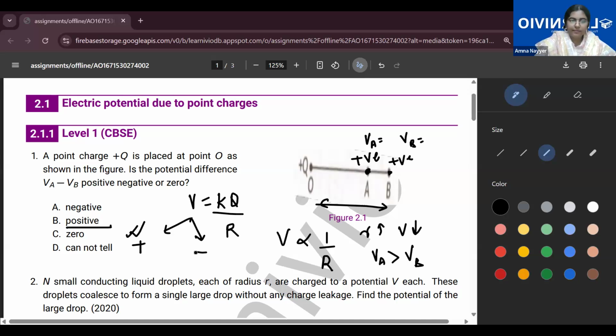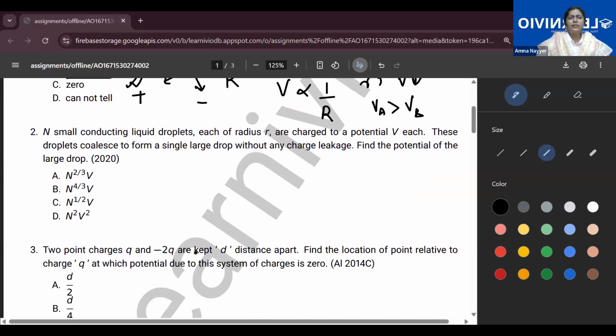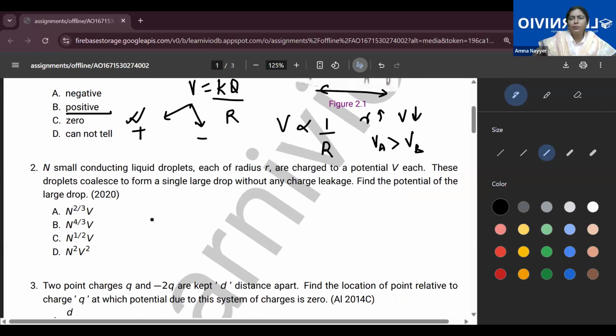Second question also, I think you found it difficult, both of you. There's a question from your board exams. It says n small conducting liquid droplets, each of radius small r, are charged to a potential V each. All of these droplets coalesce to form one single big drop.